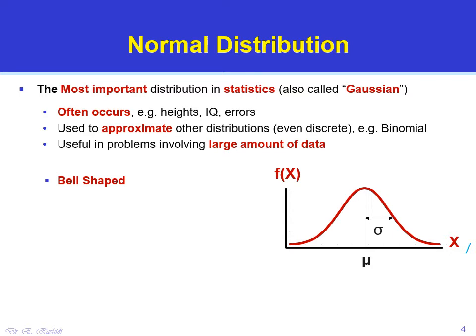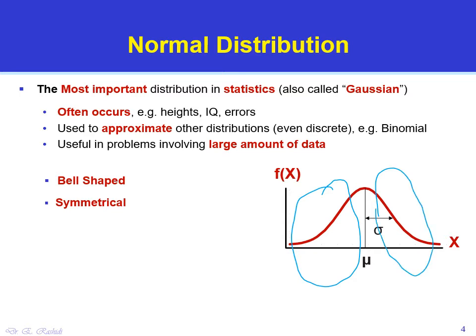To help your imagination, it looks like a bell. It is also symmetric. This part is the mirror of this part, so the left and the right are mirrored and symmetrical.